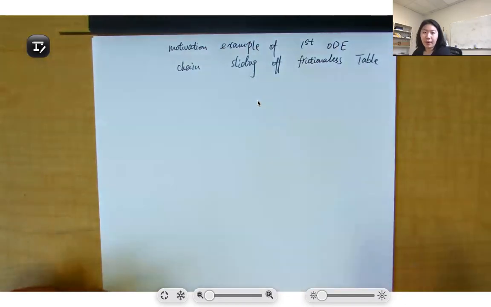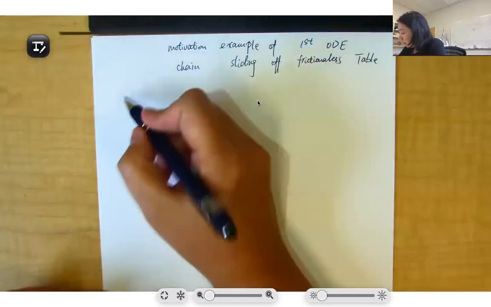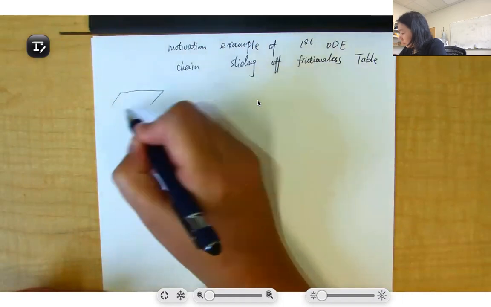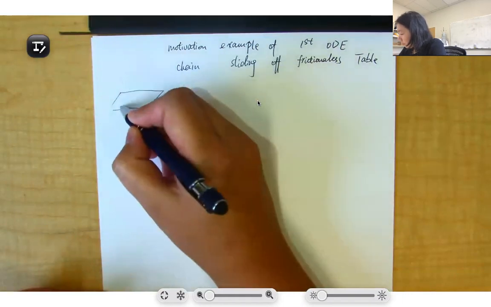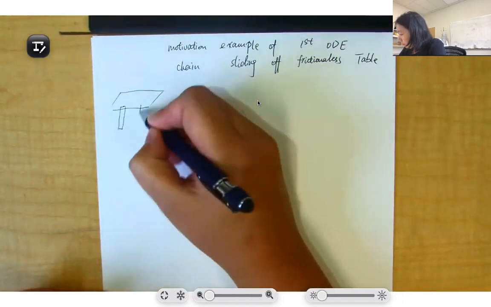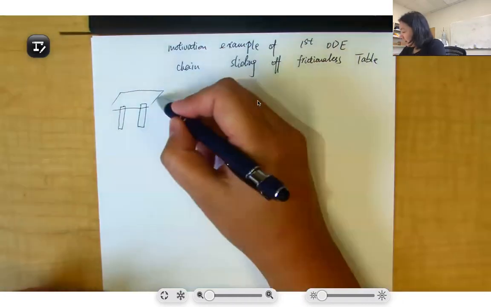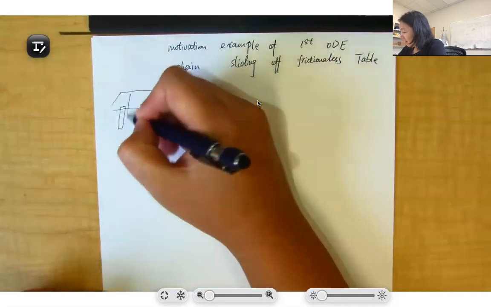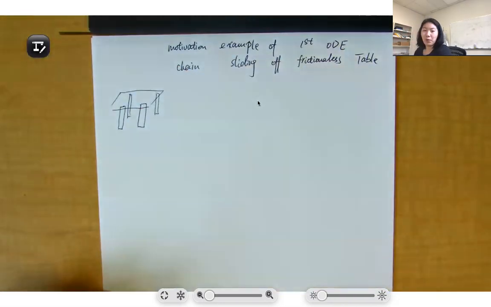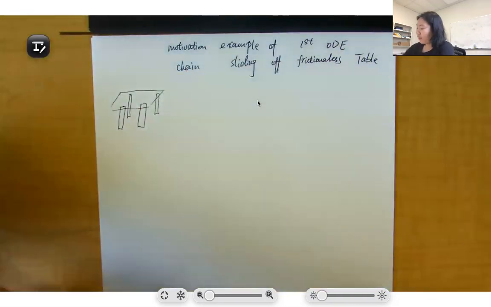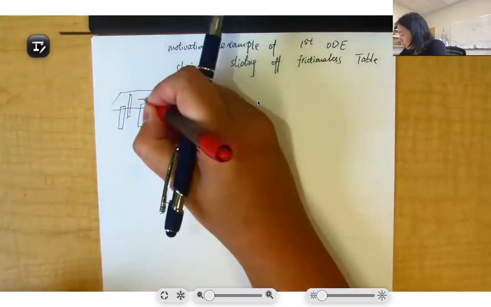It sounds very simple, right? So let's have a table. Very simple one. Okay. We have this table. And then we have a train.